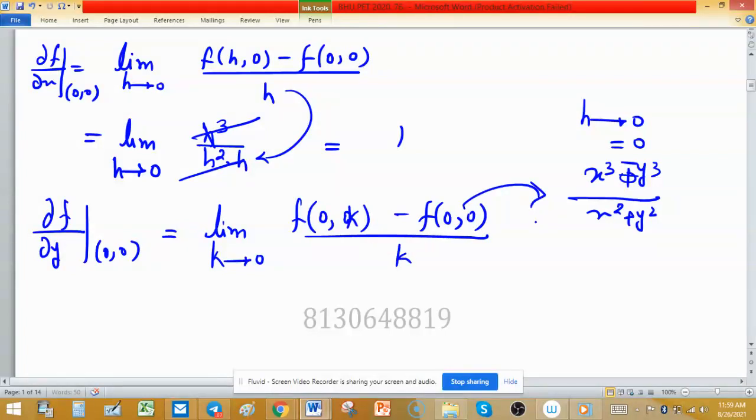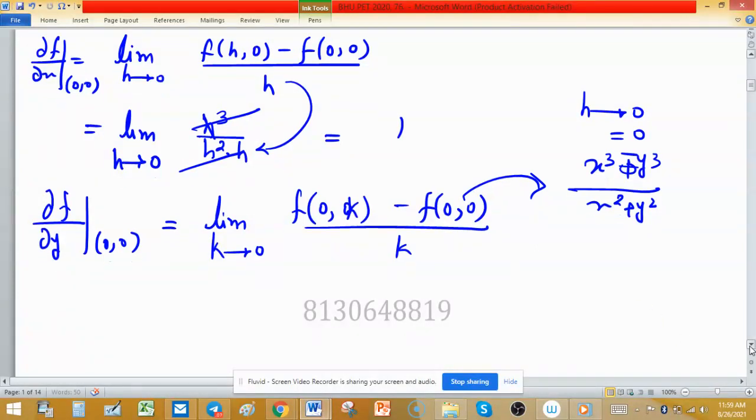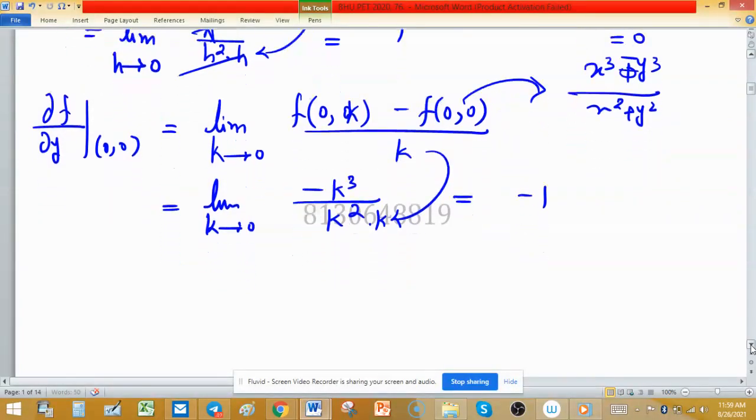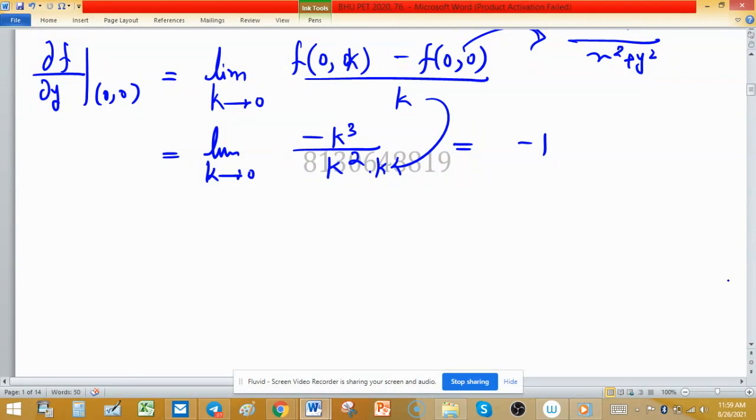We know that the function at 0, 0 is 0, so f of 0 comma k will be minus k cube upon k square, and dividing by k it will be minus 1. So we evaluated the partial limits at 0, 0, hence the partial derivatives exist all over the domain.